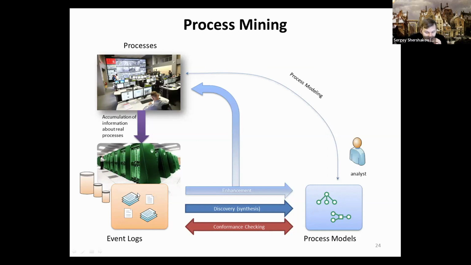What we can do here is compare the original model, which is called the prescriptive model, with the actual execution recorded in the event log. We have a set of recorded runs, and we may find such inconsistencies. This is what is called conformance checking, the first task of process mining.